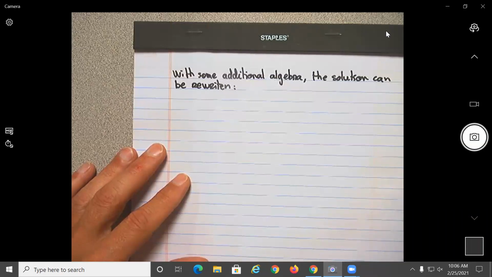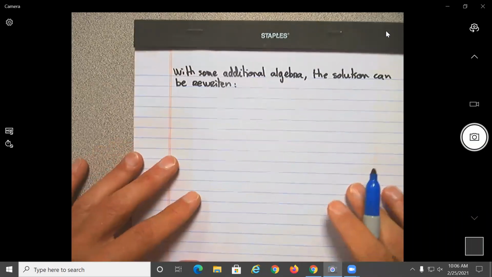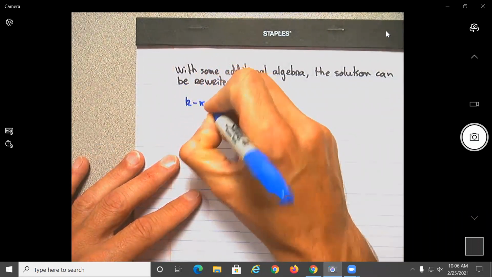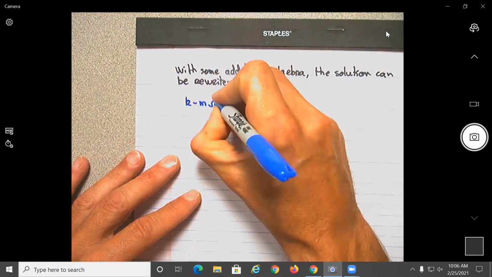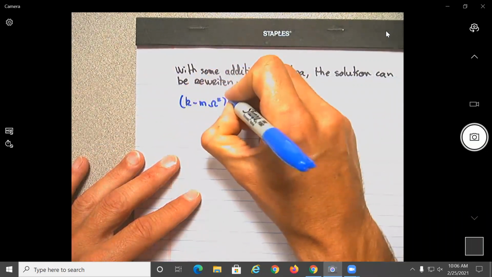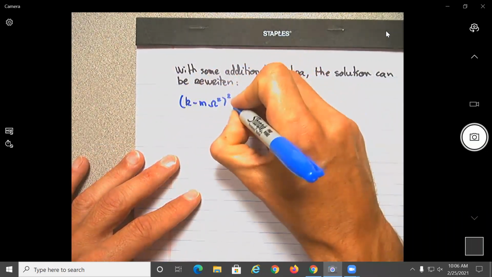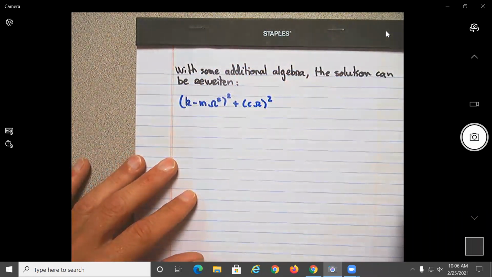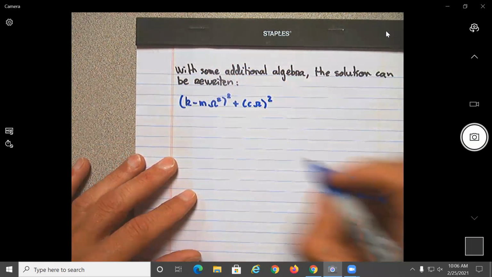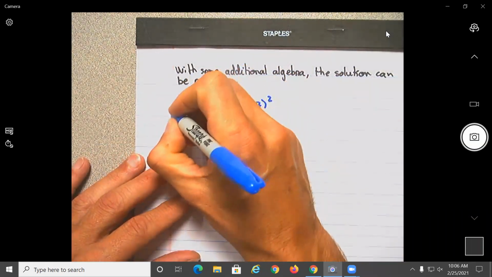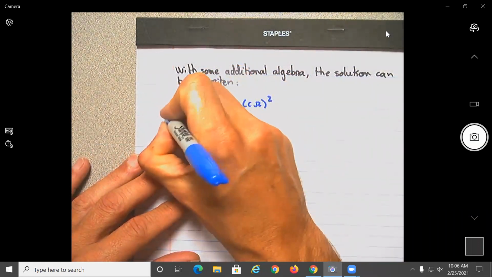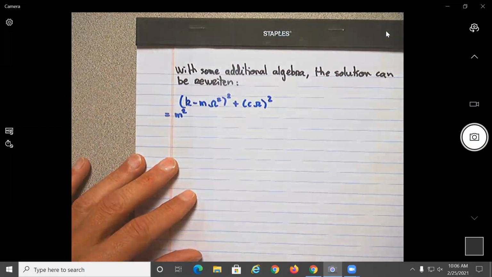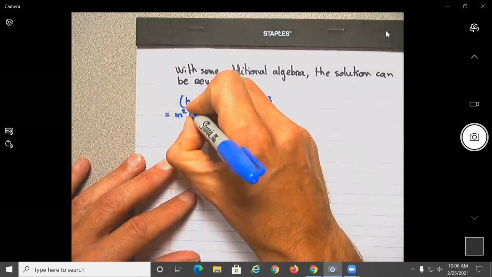Okay, so what is that additional algebra? Basically, if we have the term k minus m capital omega square, everything square, plus c omega square. Now what I'm going to do on the next step is to factor out by m squared. So what would you get if I factor by m squared?